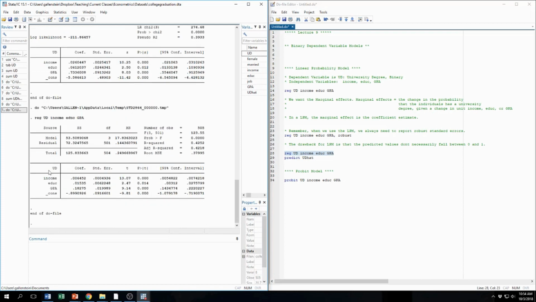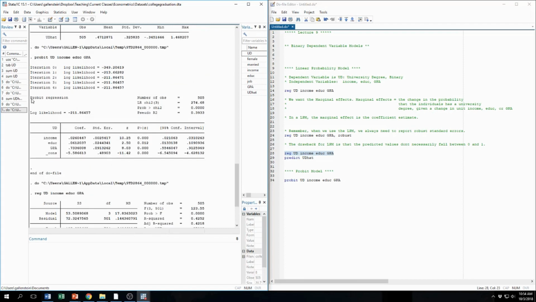Although you'll notice that the main bulk of it is pretty similar. We have the dependent variable, independent variables, coefficient values, standard errors, t-values. Now we're using a z-statistic, a little bit different, but the same idea. T-statistic, p-value, p-value.